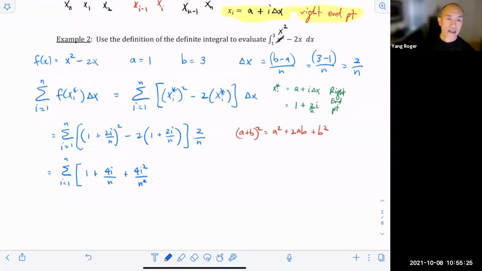Does anybody have any questions about that? And then the next piece is going to be minus 2, minus 4i/n. And then we're going to close off that square bracket, and we still have a 2/n outside like this.